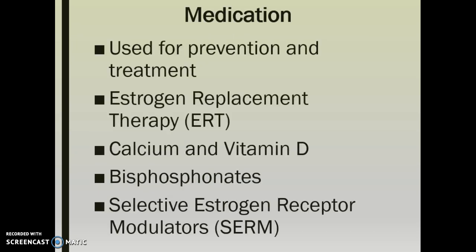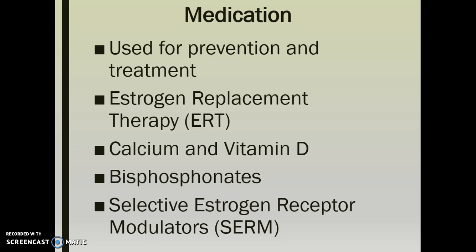When we talk about medication, we want to use medications, but usually we want to make sure that they have an exercise plan in place, because if the muscular system is strong, it will take the hit for the bone. So that's very important. But along with that, we can add some meds.